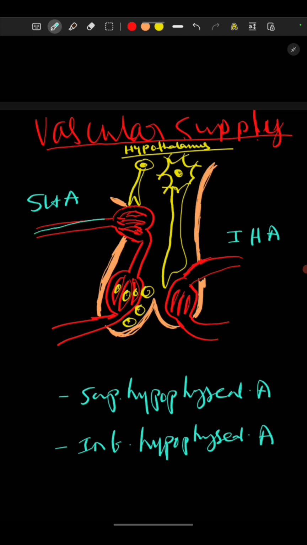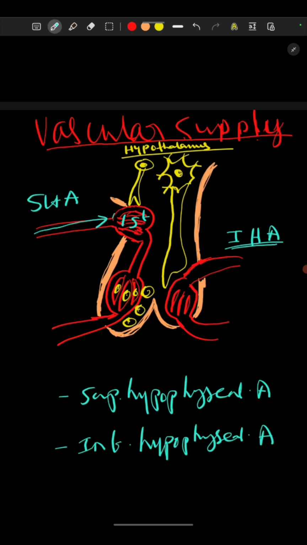The superior artery enters the gland at the upper part and forms the first capillary loop, and then it extends downward in the gland and forms a second capillary loop, and then it exits the gland and enters systemic circulation. The inferior hypophyseal artery enters at the lower part of the gland.